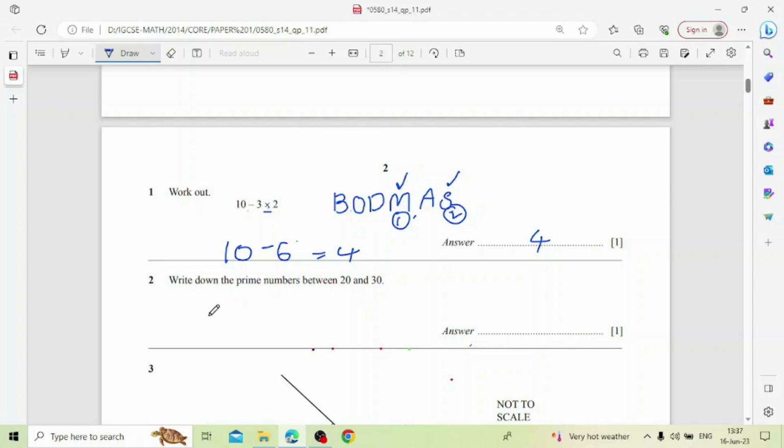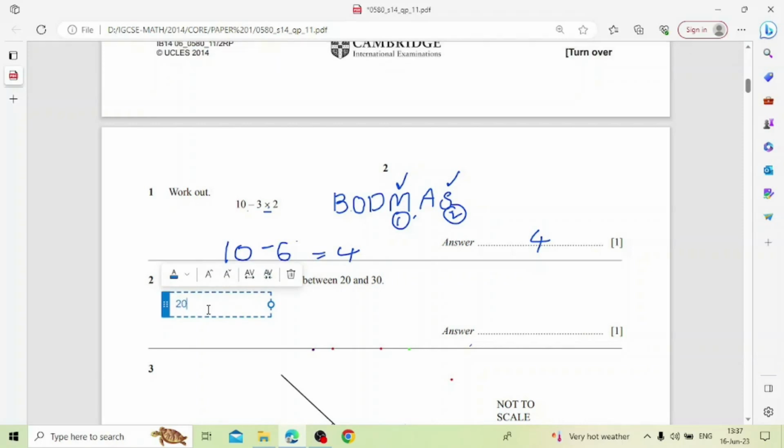So 20 to 30, when we start, which could be the prime numbers? Here I'm going to take up all those numbers from 20 to 30: 21, 22, 23, 24, 25, 26, 27, 28, 29, then 30. Okay, so these are the numbers.